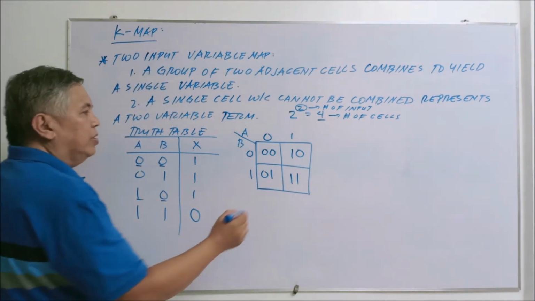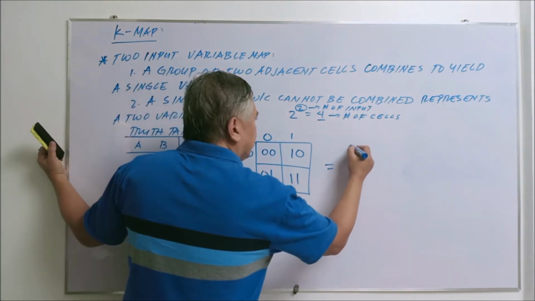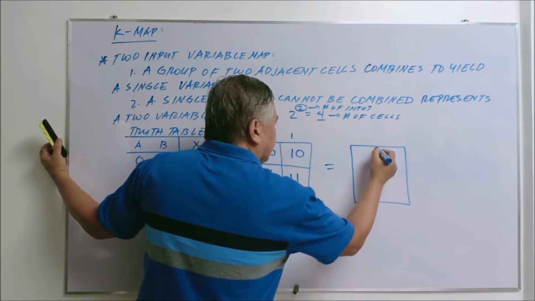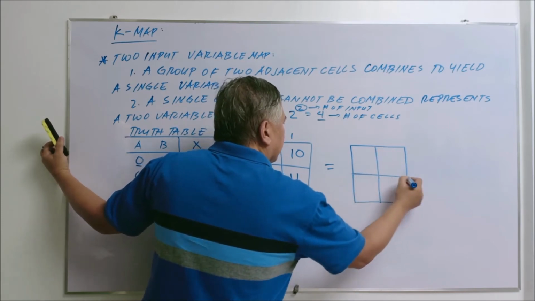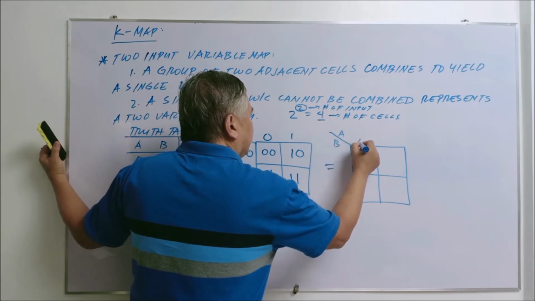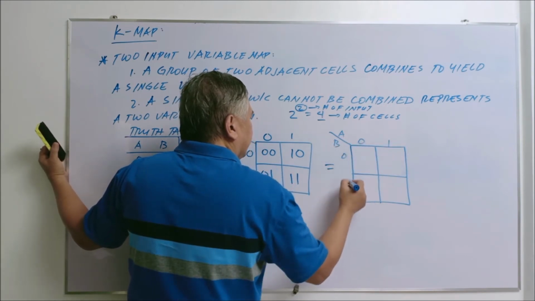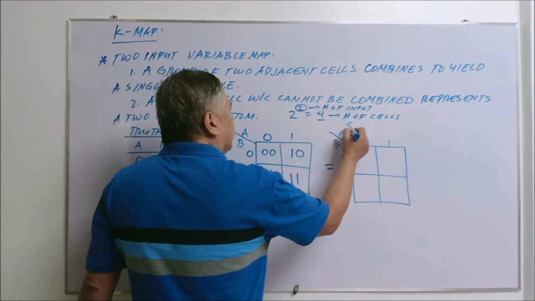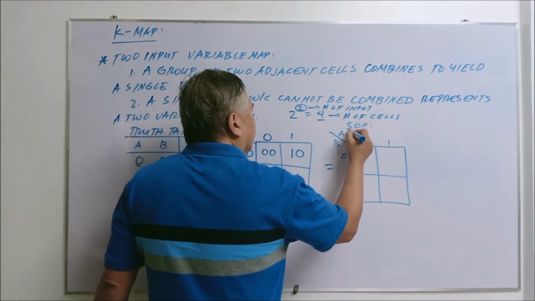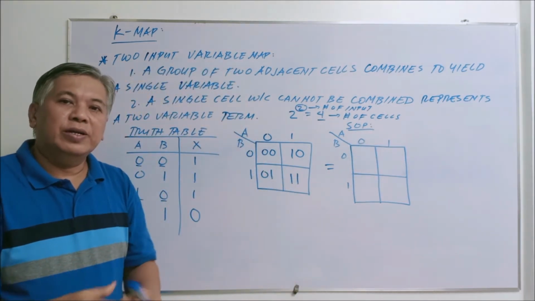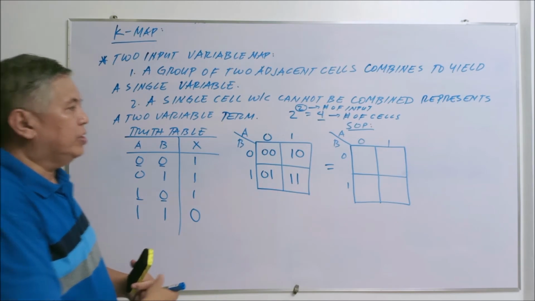Okay? Or we can also represent the two variable input map in this manner. You have A and B, again, 0, 1, 0, 1. If we use the sum of product expression, SOP, that means we have to consider the product term.